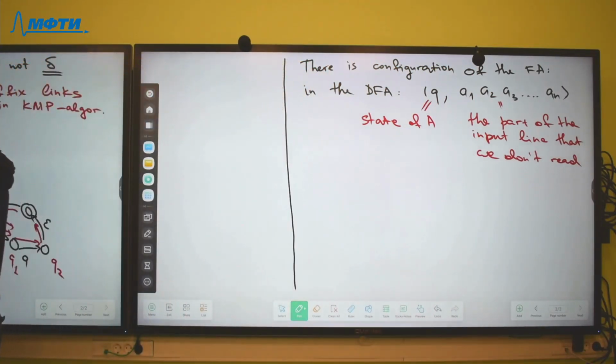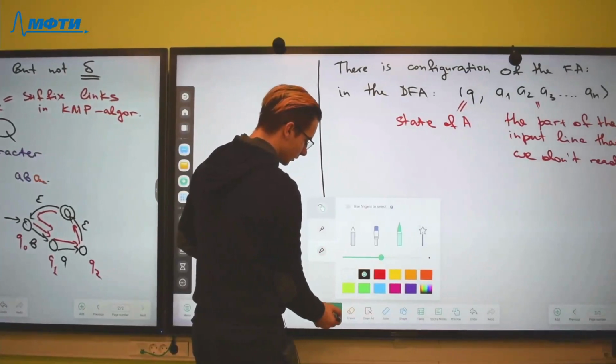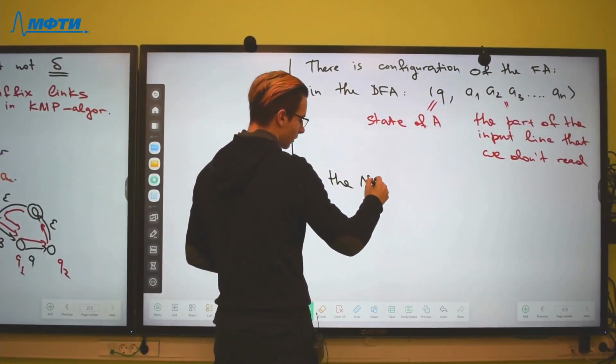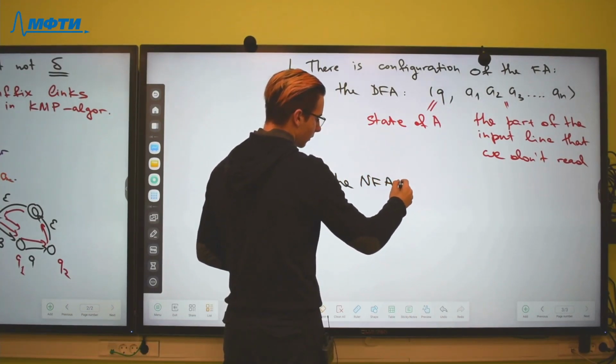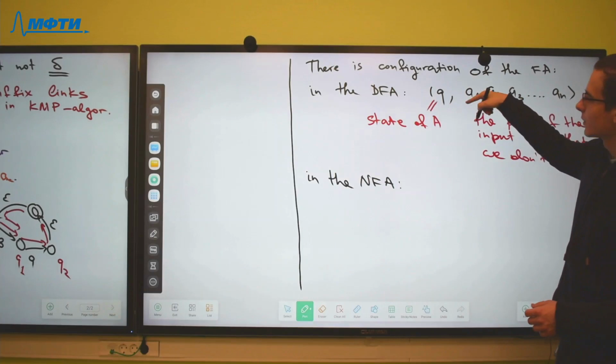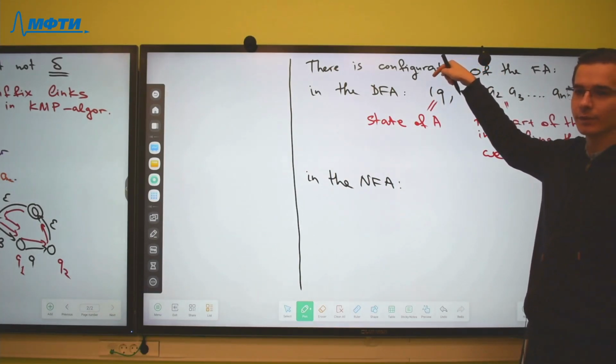So in the NFA, we have not only one state as the configuration of the system.